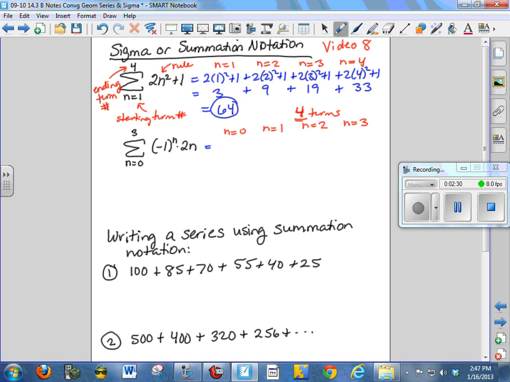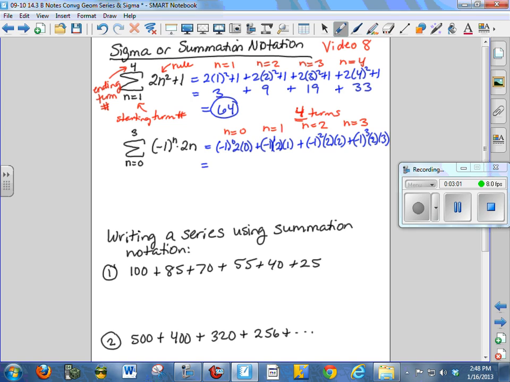So when we evaluate this, we have negative 1 to the 0 times 2 times 0 plus negative 1 to the first times 2 times 1 plus negative 1 squared times 2 times 2, and negative 1 to the third times 2 times 3.